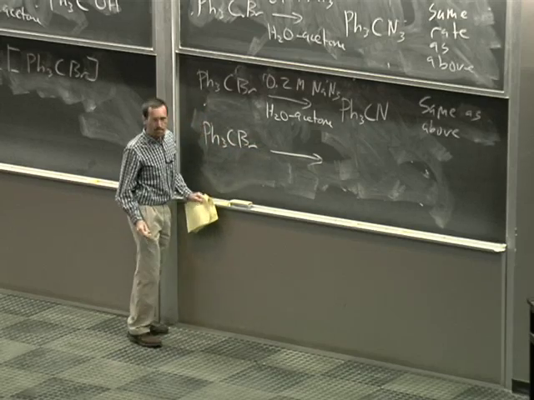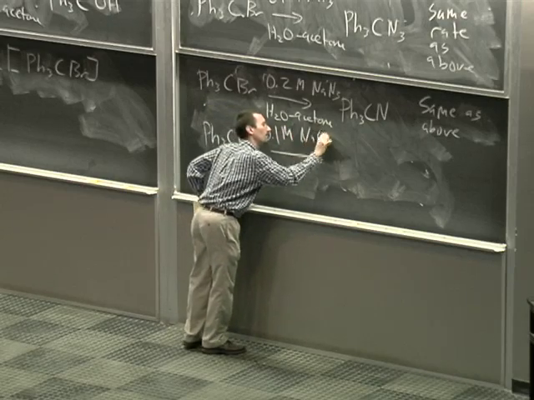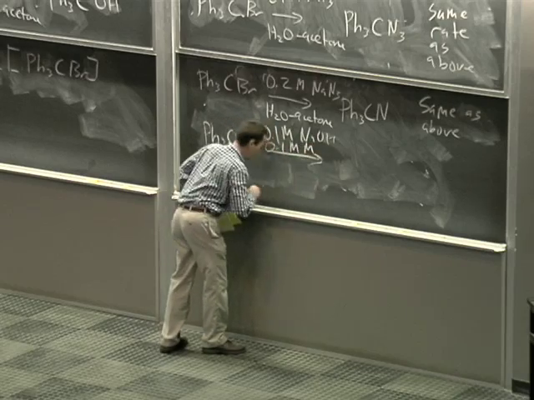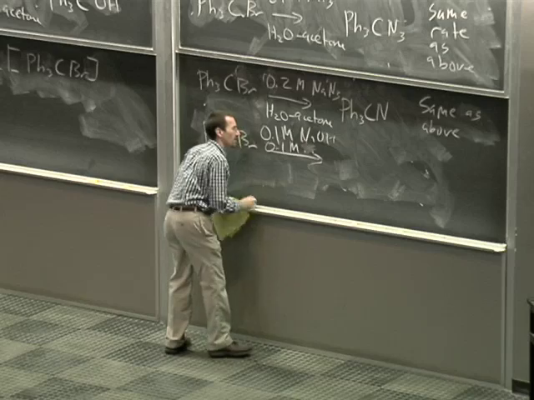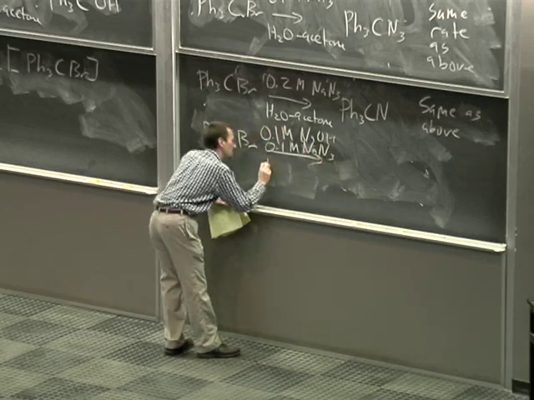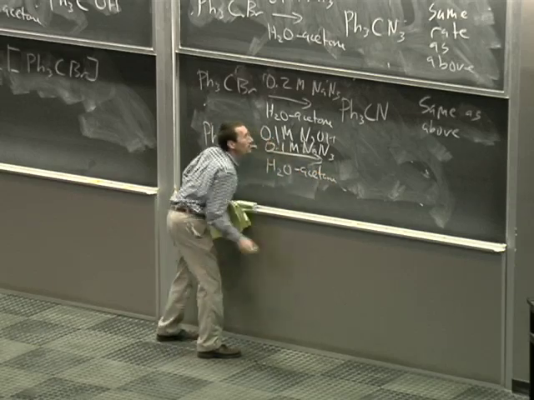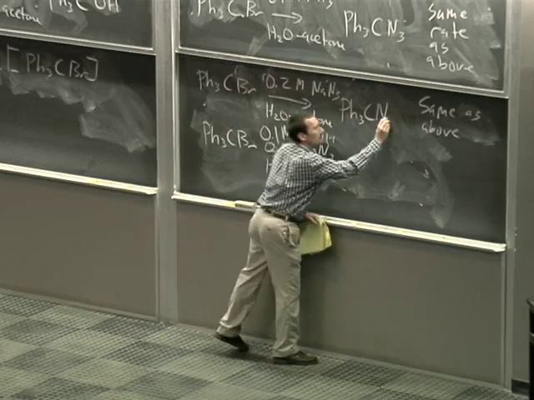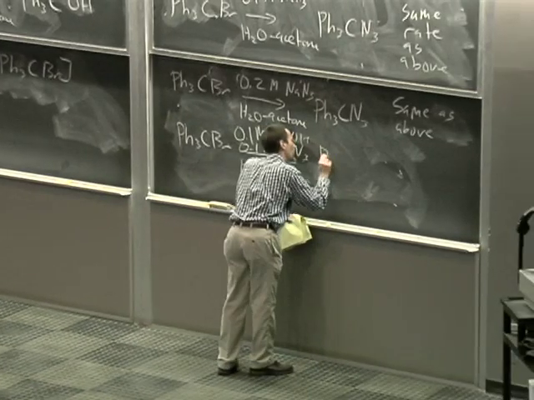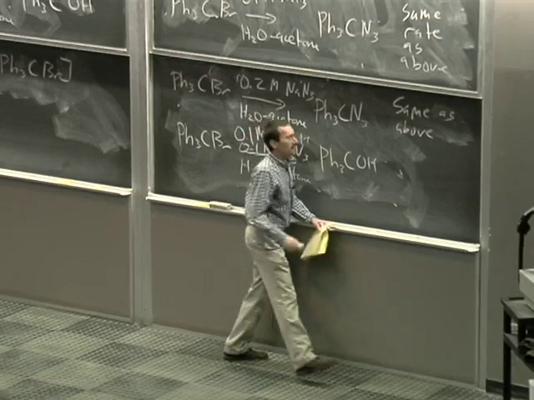So let us take a 0.1 molar solution of NaOH and a 0.1 molar solution of NaN3, sodium azide, in aqueous acetone. Now we get a new product. It's not the azide. We're back to the triphenylmethanol, Ph3COH, but the rate is the same as above.